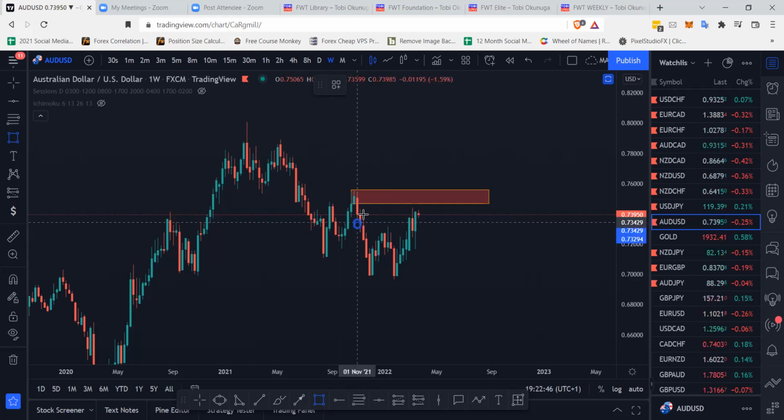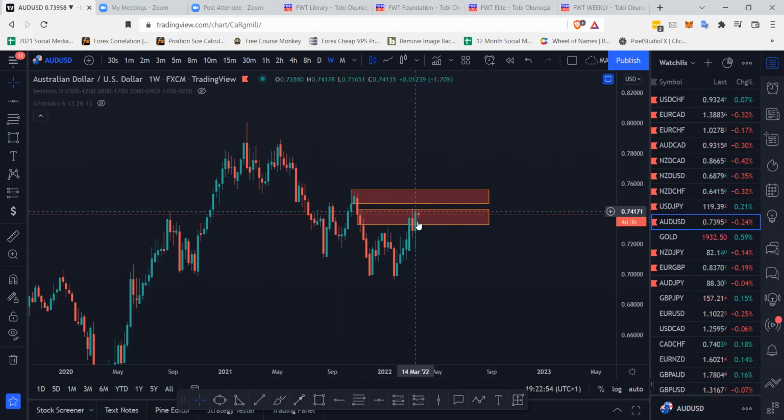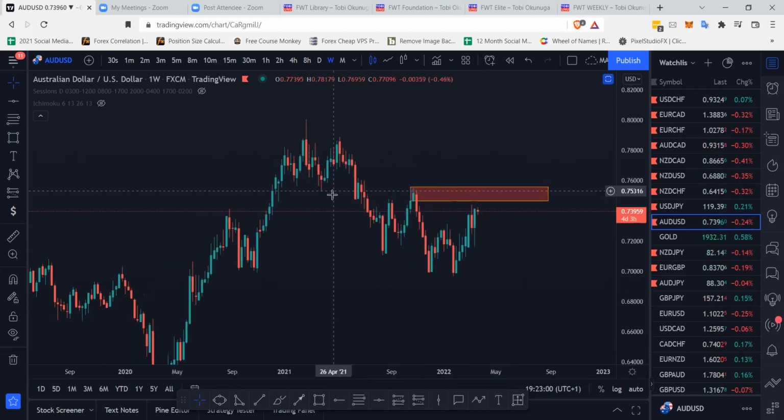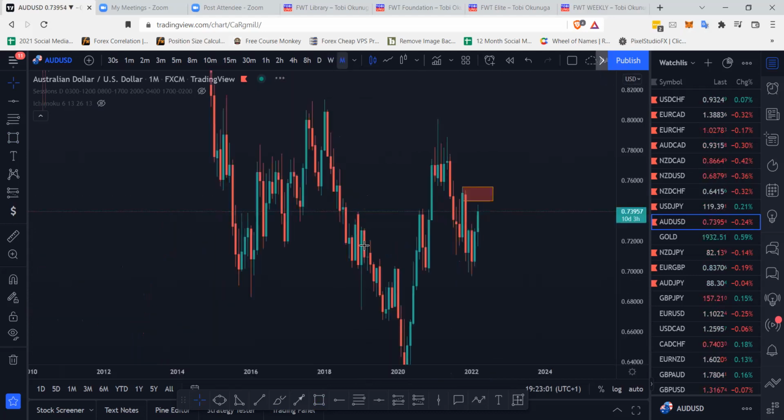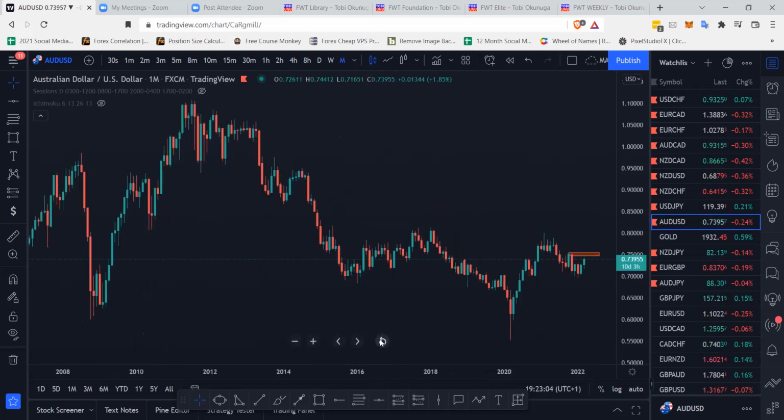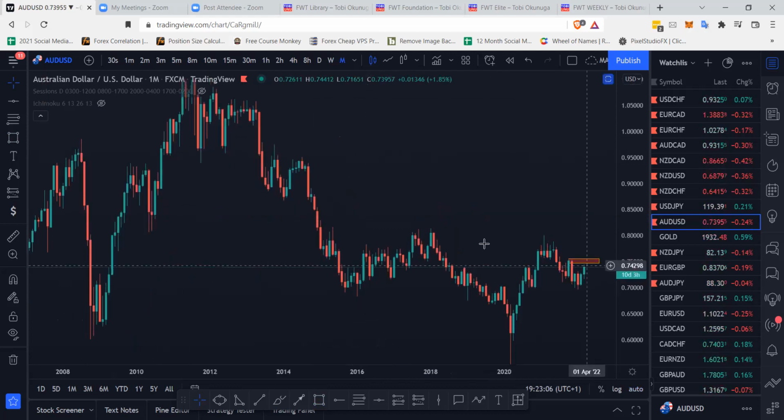Now, if you had used this, you see that this setup has already happened and then it's breaking this. So let's wait for price to come here to the swing supply. On the monthly, you will also see that this is a demand level on the monthly.